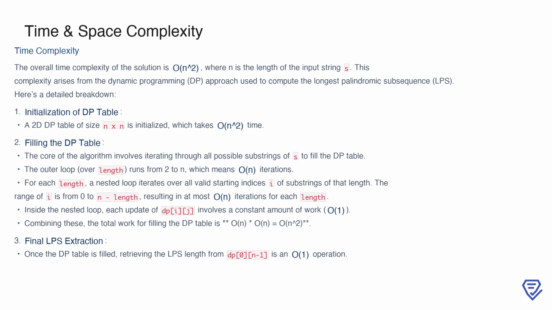When you combine these, the nested structure results in O(n) multiplied by O(n), which simplifies to O(n squared). Finally, extracting the LPS length from dp[0][n-1] is a simple O(1) operation, which doesn't affect the dominant term. Therefore, the overall time complexity remains O(n squared).